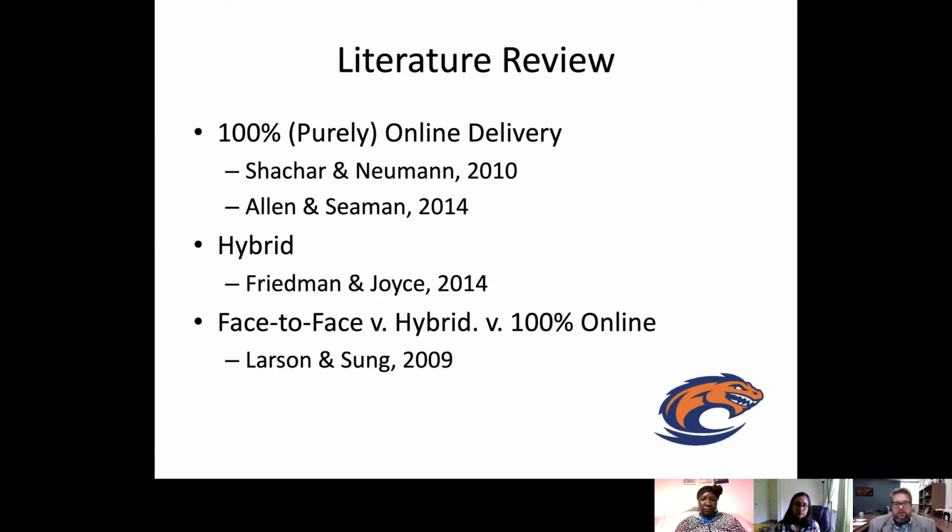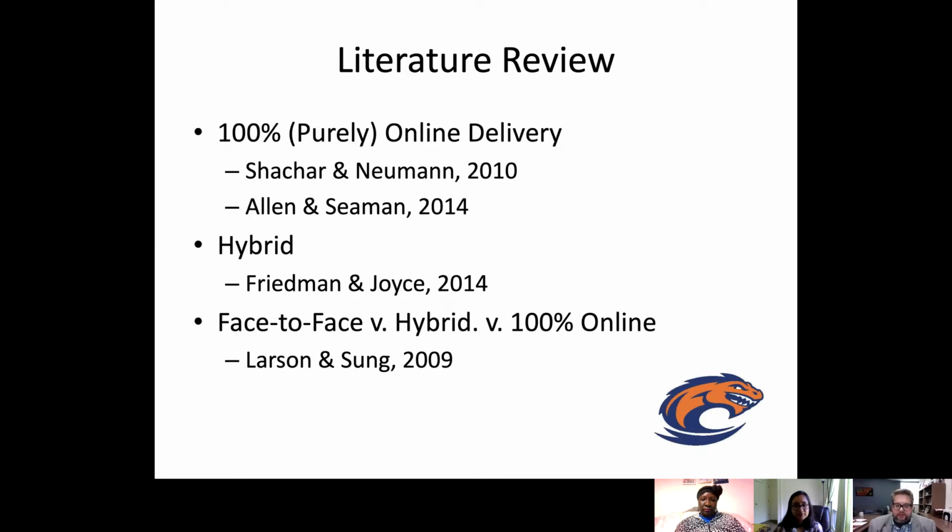So the literature said for a while that 100% purely online delivery, the two big ones we're seeing here, Allen and Seaman and Schechner and Newman, works just as well as a traditional seated class, that there's not a lot of difference. The traditional faculty worry and fear that online classes aren't the same as a seated class. There's just not a lot of empirical evidence to suggest that.